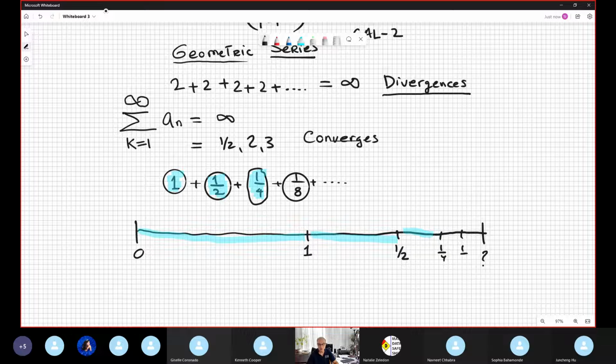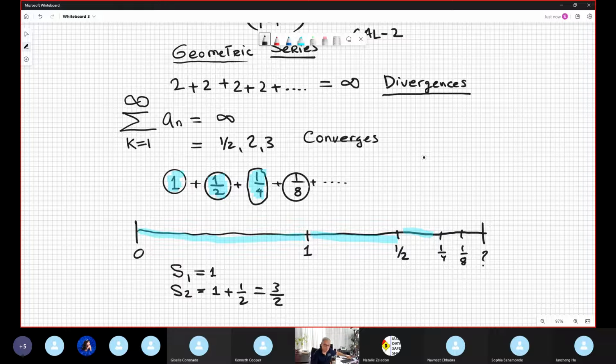So far the idea is we have the partial sums. Partial sum 1 is 1. Partial sum 2 is 1 plus 1 half, it's 3 half, no? 1.5 in decimal.